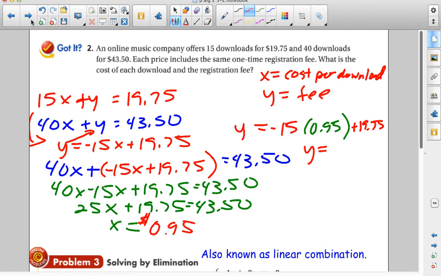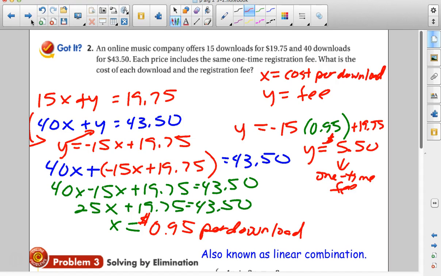Anybody get it? $5.50? One-time fee? And again, it's a word problem, so we're not going to write this as an ordered pair. We're going to say 95 cents per download. And $5.50 one-time fee.